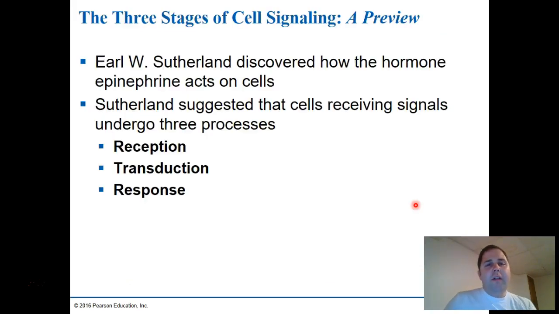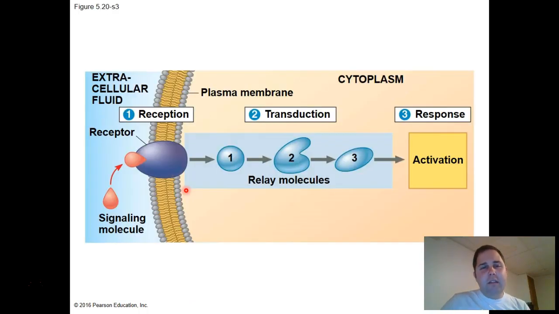So the only other idea I'd like you guys to know about cell signaling is just a basic concept of how a signal might work. And that's basically looking at three steps of cell signaling, which we would call reception, transduction, and response. This sounds more complicated than it actually is, so I'll just show you the figure. The idea here is that when a cell receives a signal, it's going to receive it at the membrane. So we have an integral membrane protein that's going to receive the signal.